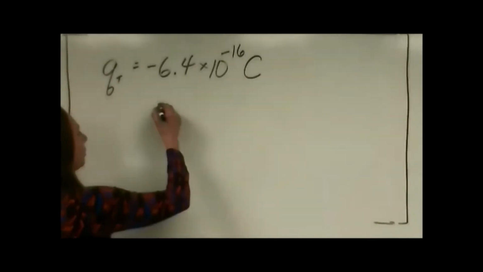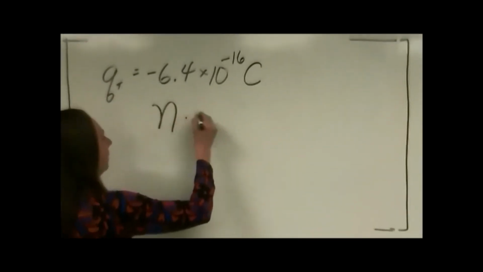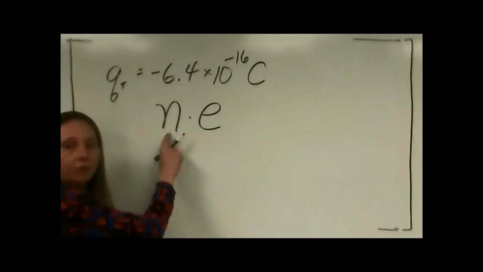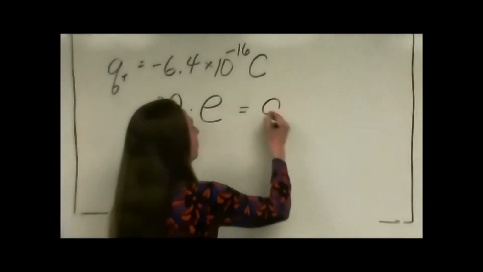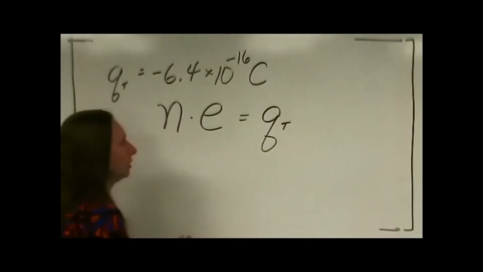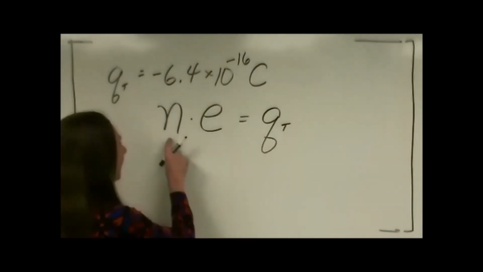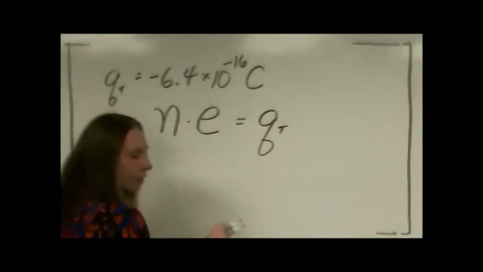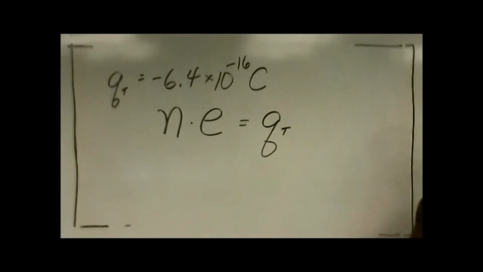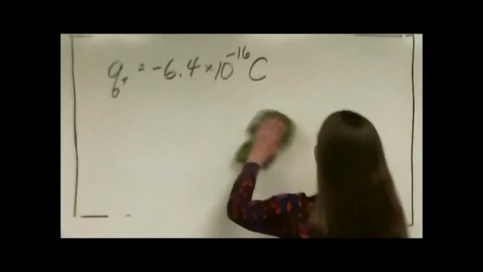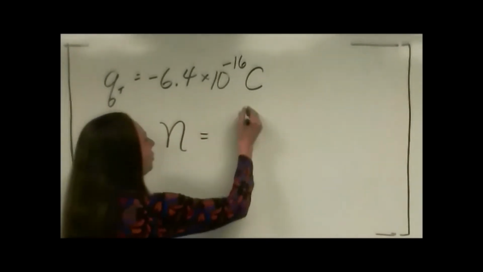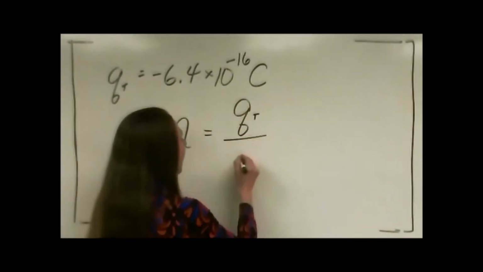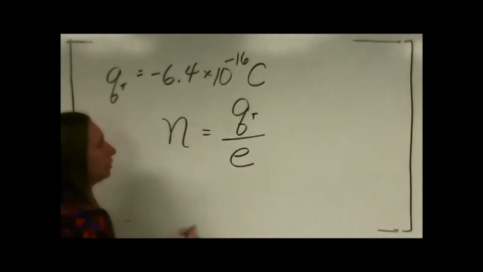Well, here's your equation, N times e. How many electrons is what you want to know. You want to know N. I'm going to rearrange the equation to get N by itself. We find that N is equal to the total charge divided by one elementary charge.